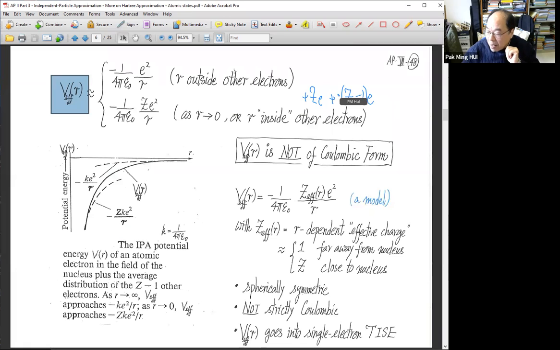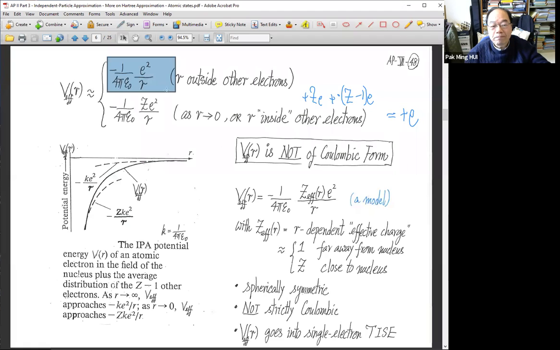You sum it up, you only see plus e. That is the screening effect. So when the position R is very far away, this effective potential is like seeing only one positive net charge of this form.